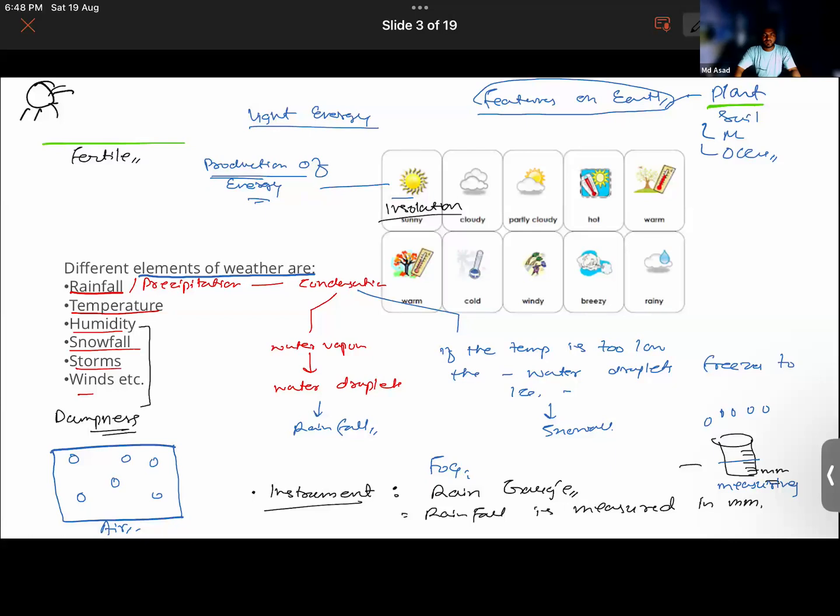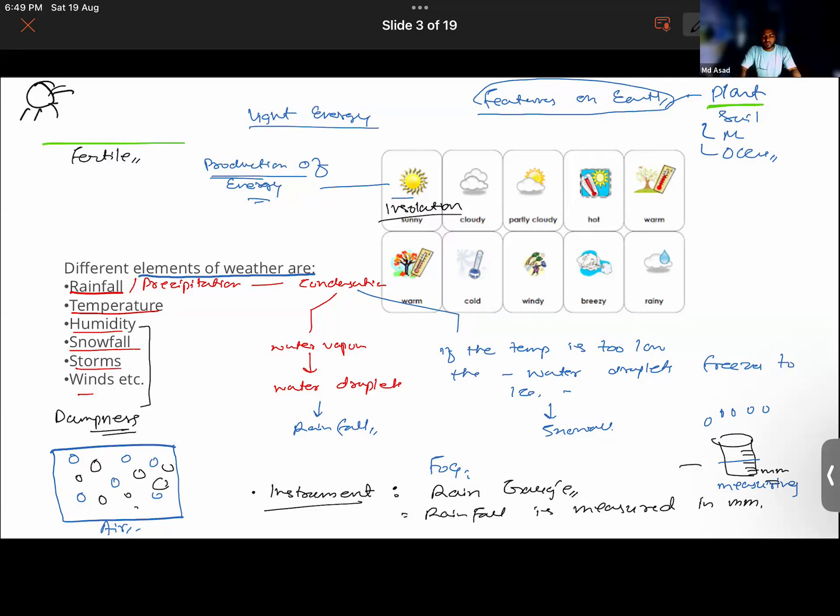Because there are empty spaces in between the air molecules. See, there are too many empty spaces, so in between these, very tiny droplets of water can be present.